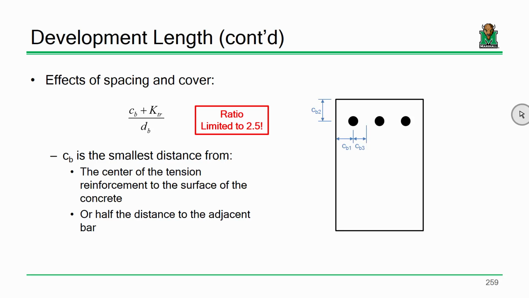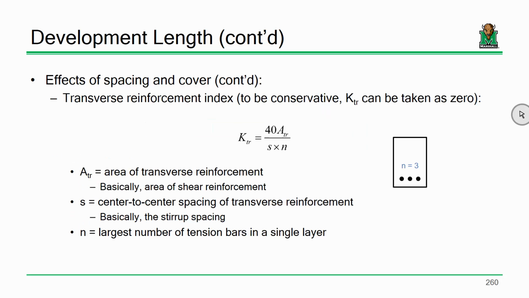Okay. Spacing and cover requirements. CB, remember CB is trying to reflect that cylindrical core distance, that sort of cylindrical cracking surface that you get from bond failures. It's either from the center of the bar to the edge, or the center of the bar next over to the next one, or half the distance to the adjacent bar. Your transverse reinforcement index, again, plug and chug.